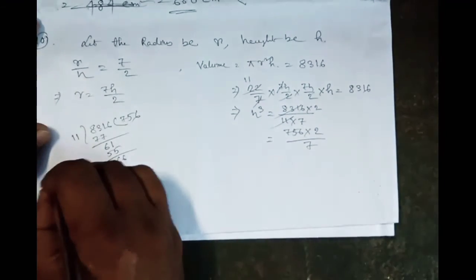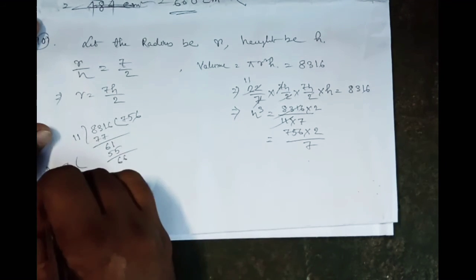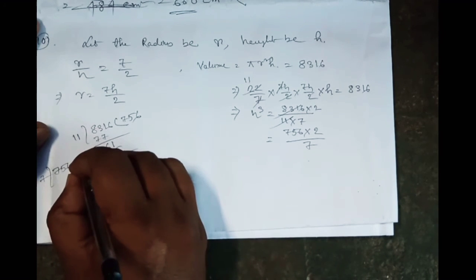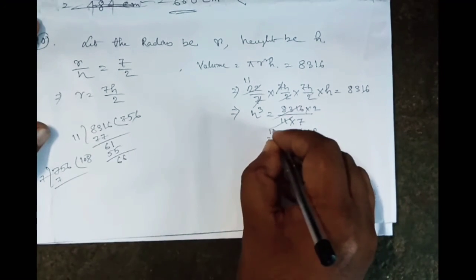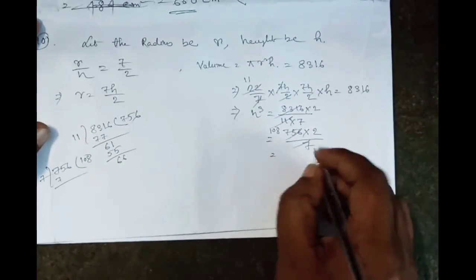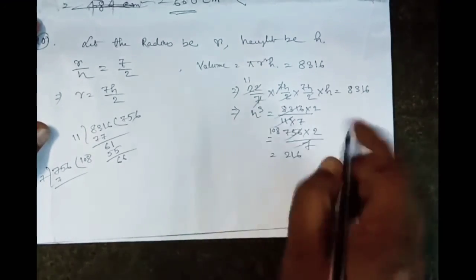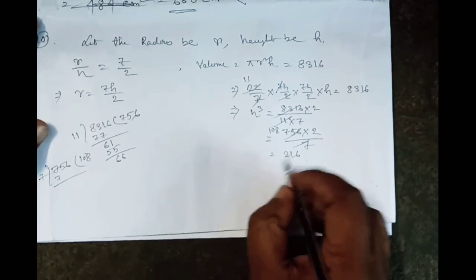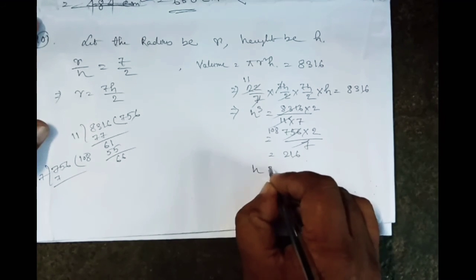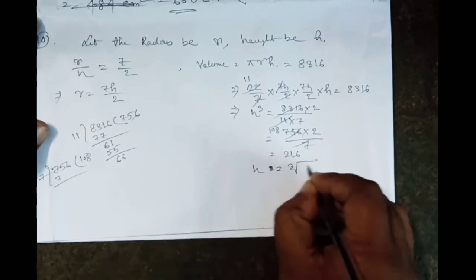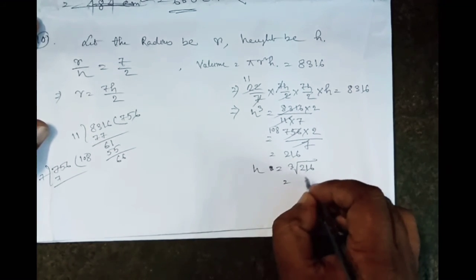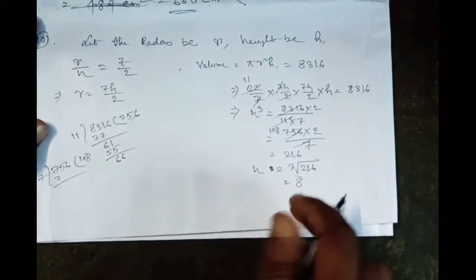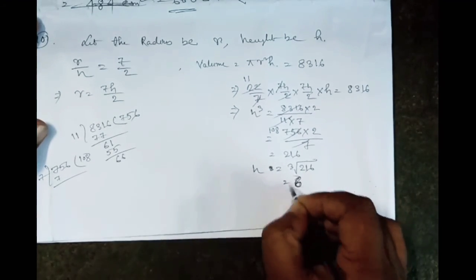Now divide 56 by 7, we are getting 108. That means 216. Okay, so h cube is equal to 216. So obviously h is equal to cube root of 216. That means how much? 6. Cube root 216 is equal to 6.